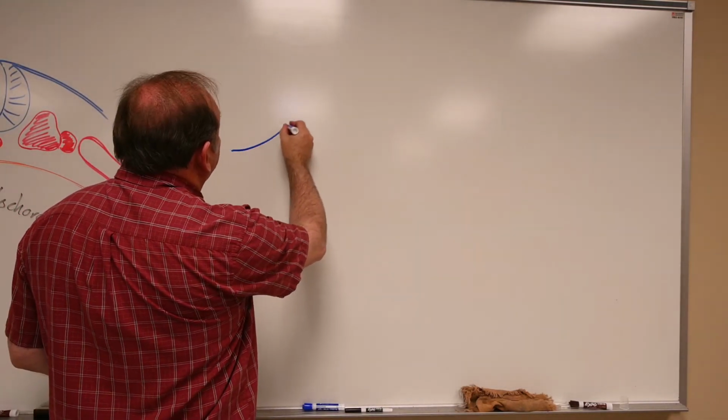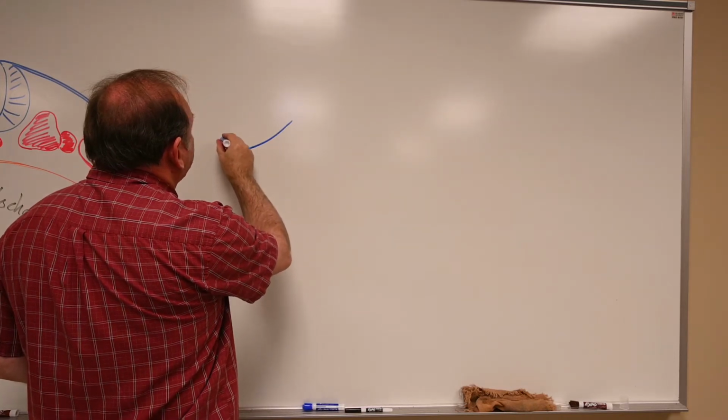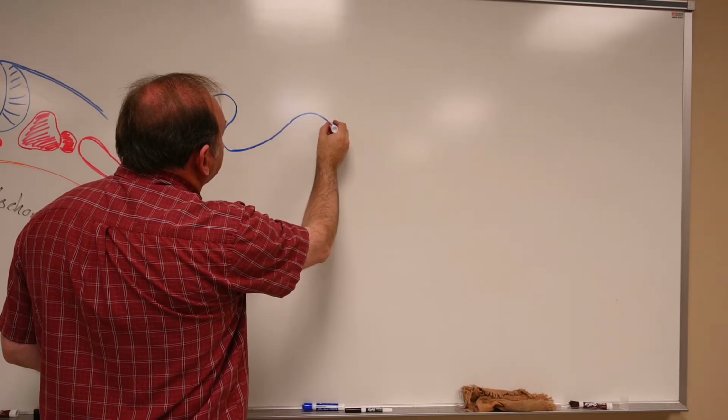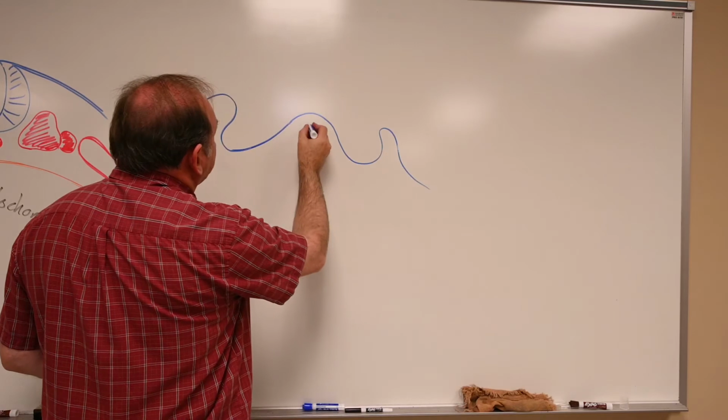So now our embryo, we've got to put that fold in out here. Embryo kind of bulges up where the neural tube is, and then we have these lateral folds to either side.